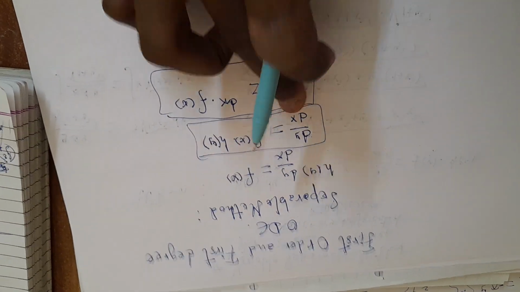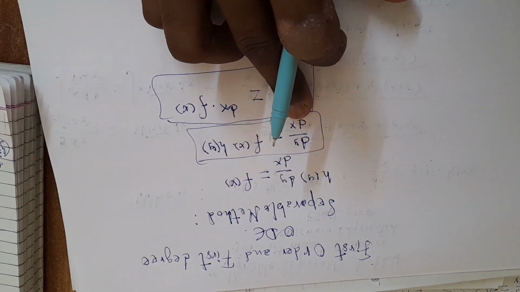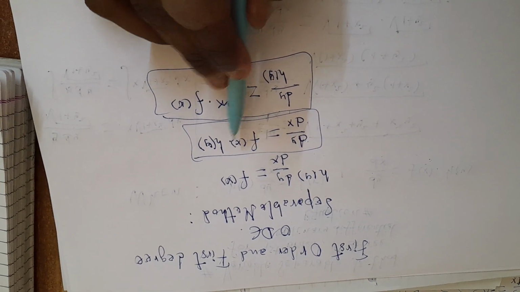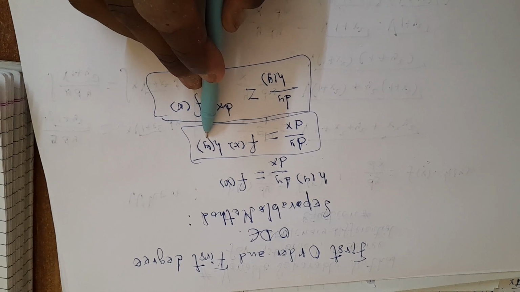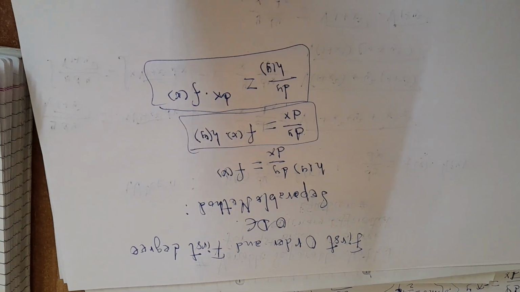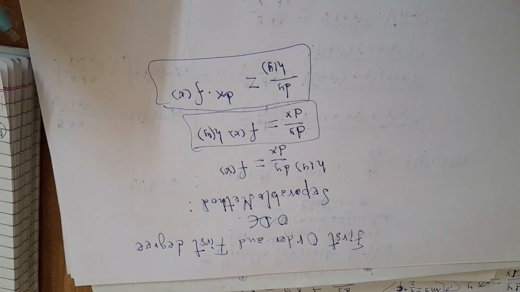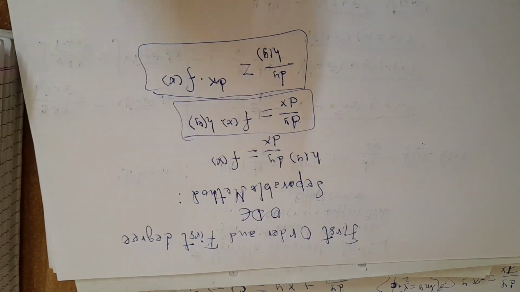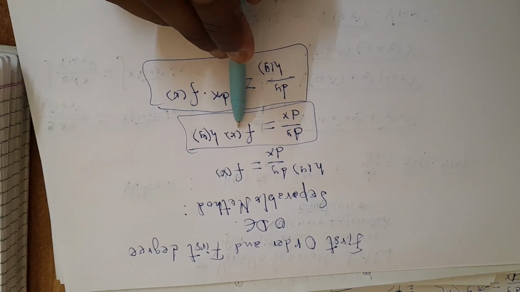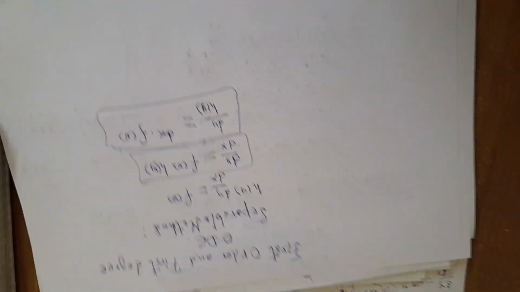If you can reduce dy upon dx equal to a product of f of x and h of y, where f of x and h of y are purely algebraic functions, just like this, this is a function of x only and this is a function of y only, then you can solve the exercise with this method.